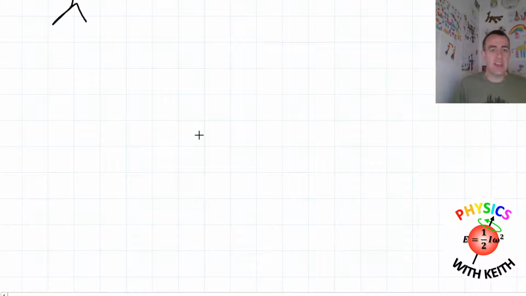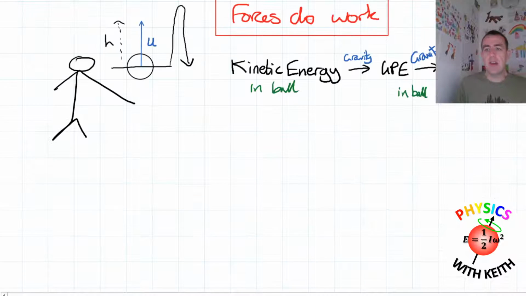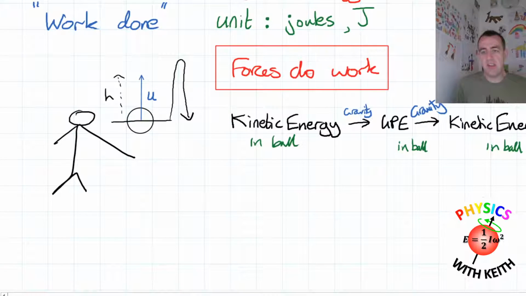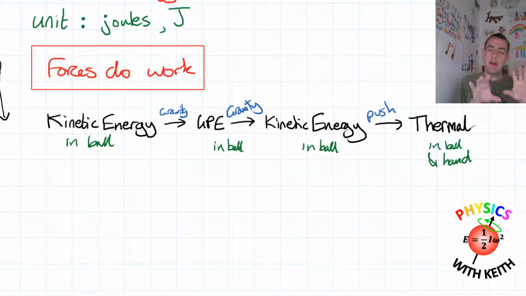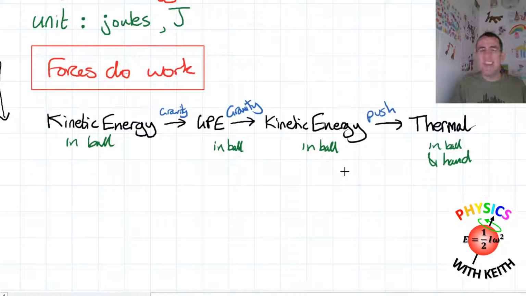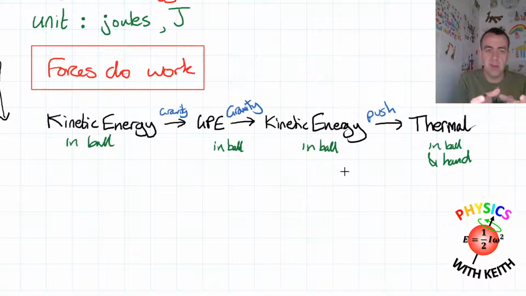So let's draw a Sankey diagram. A Sankey diagram is a slightly better way of representing this energy transfer diagram, because within the diagram is information about how much energy is being transferred. This thing I've written here is quite a simplification. There's air resistance. And so because there's air resistance, not all of the kinetic energy will become gravitational potential energy, and not all of the gravitational potential energy will become kinetic energy again.